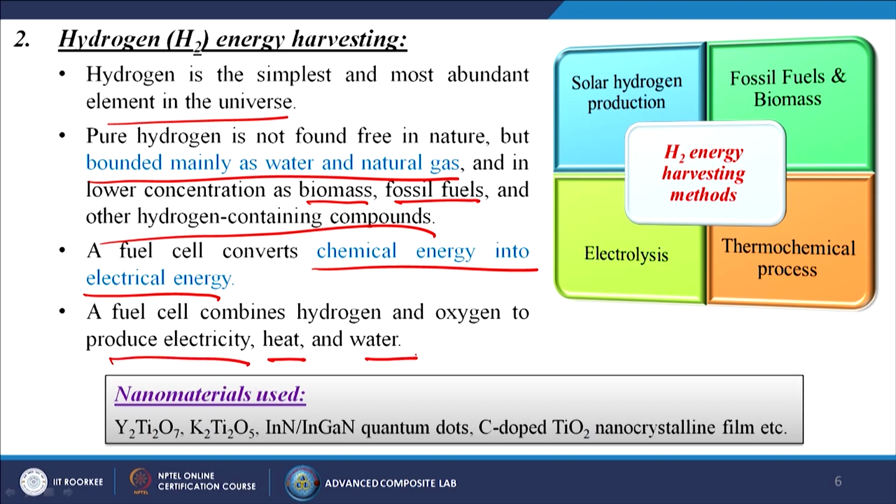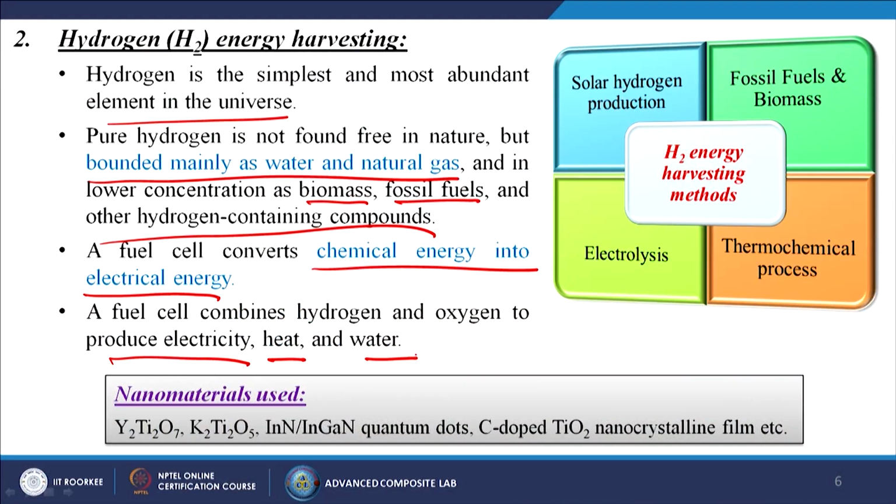There are so many types of hydrogen energy harvesting methods, based on their efficiency, availability of materials, low cost and longer life, like solar hydrogen production, fossil fuels and biomass, thermochemical processes and electrolysis. What kind of materials are we using nowadays?